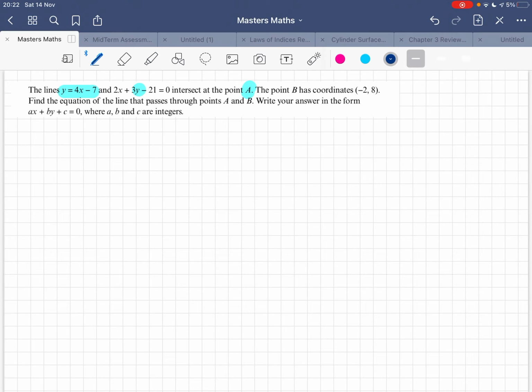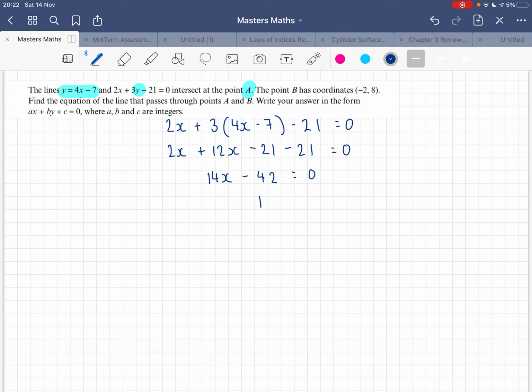So I have 2x plus 3 lots of 4x minus 7, minus 21 is equal to 0. So I have 2x plus 12x minus 21 is equal to 0. So that's 14x minus 42 is equal to 0.